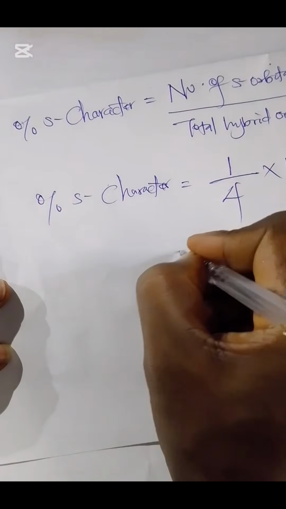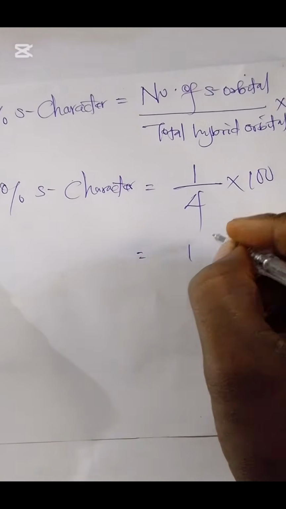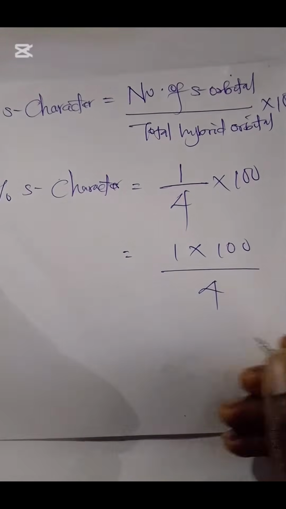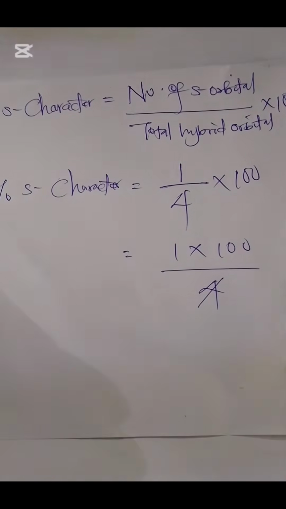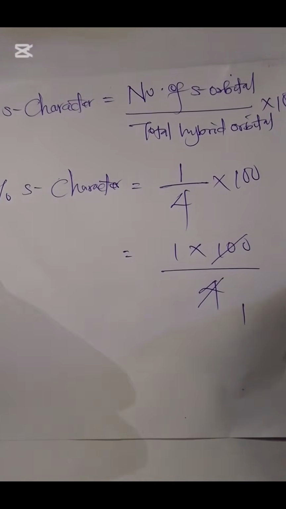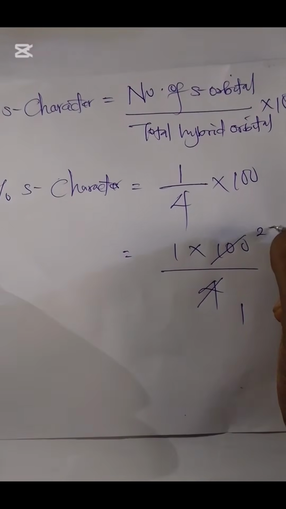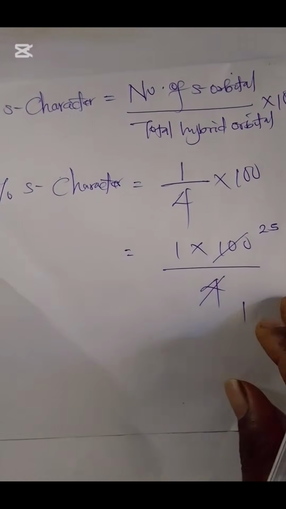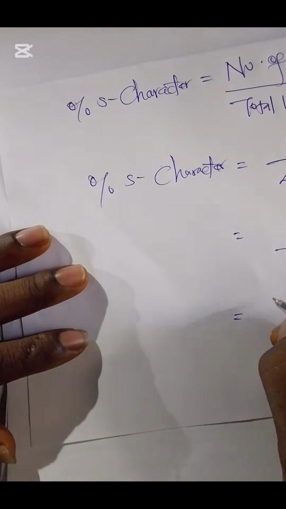We obtain 1 times 100 divided by 4. 4 goes into 100, 25 times, so the final result is 25%.